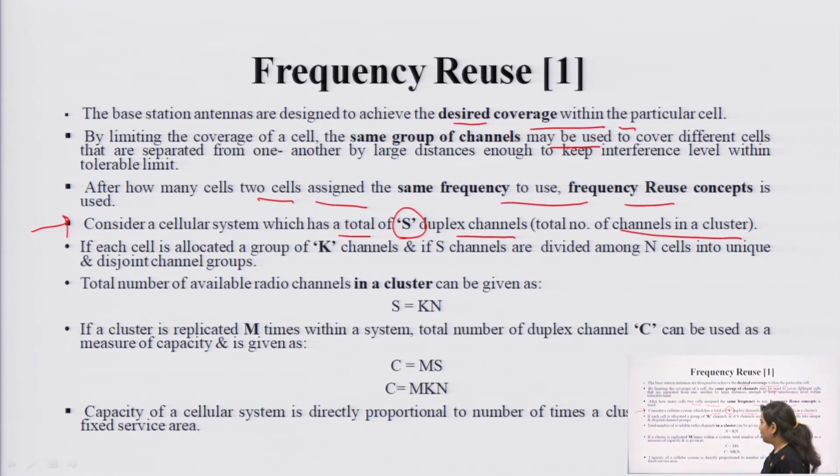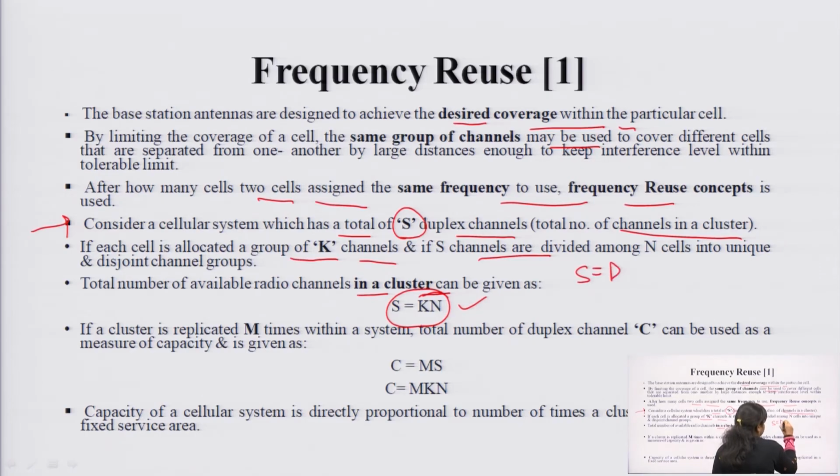If each cell is allocated a group of k channels, and if S channels are divided among n cells into unique and disjoint channel groups, then the total number of available radio channels in a cluster is given as S equals k n. Here S is the duplex channels, n is the number of cells and k is the group of channels.